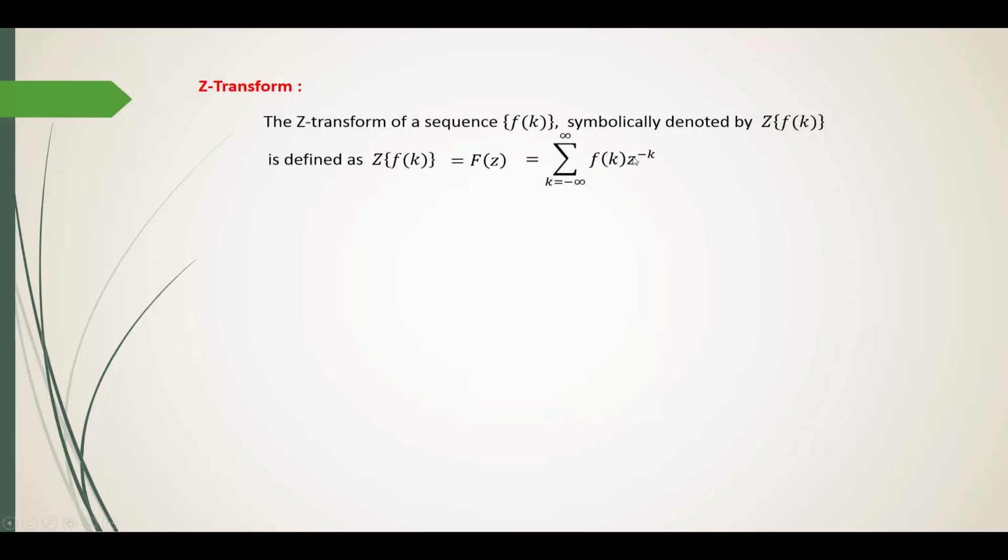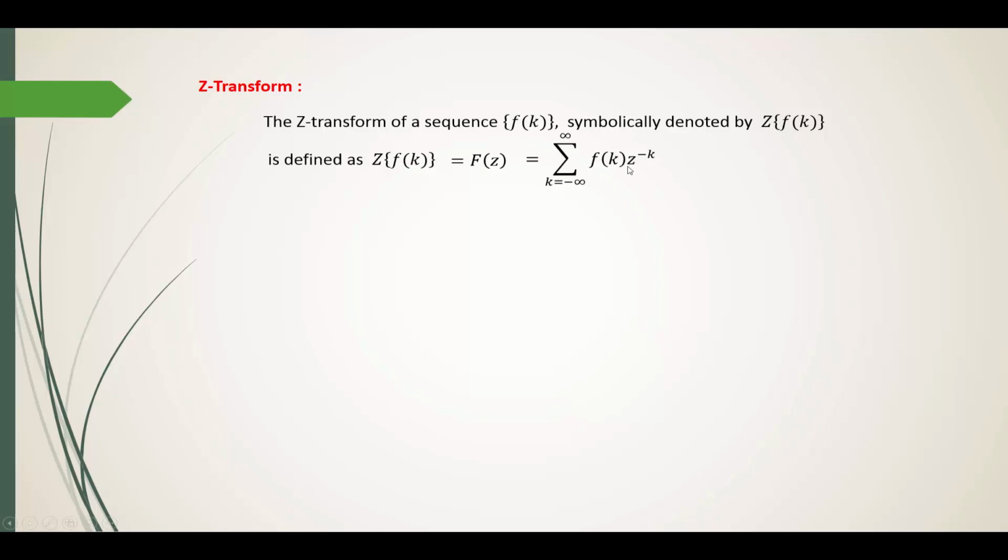Remember this is a small z, and the Z transform notation is capital Z. This is small f and this is capital F. The Z transform is nothing but a series formed by using this sequence.